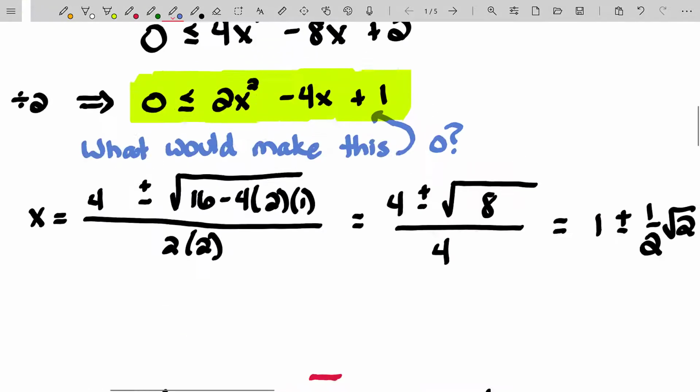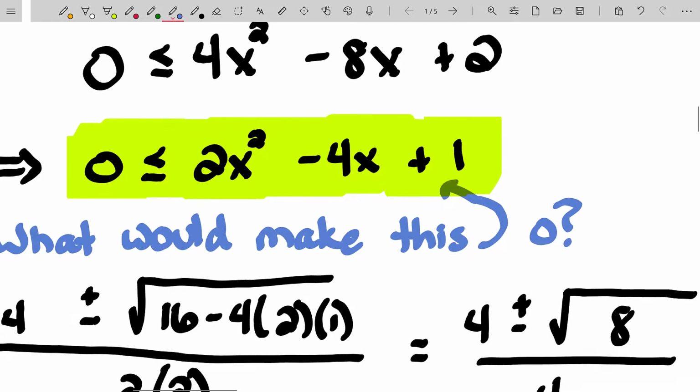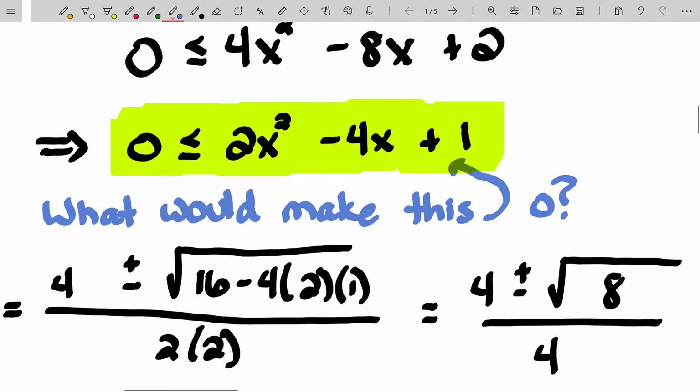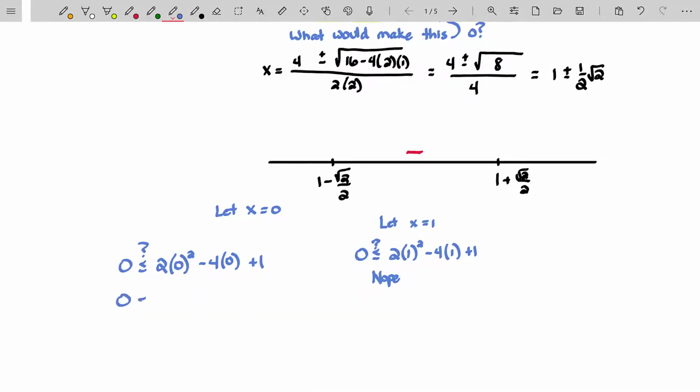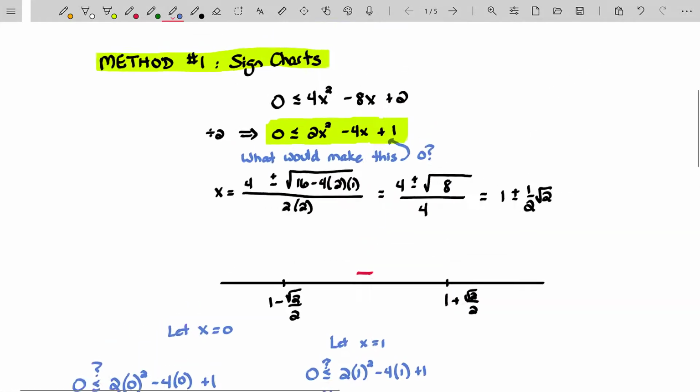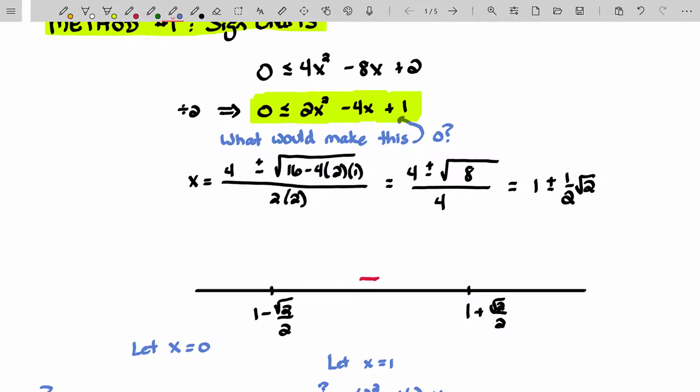If you go to your quadratic inequality, I'm going to ask, is 0 less than or equal to 2 times 0 squared minus 4 times 0 plus 1? Well, that's the same thing as asking, is 0 less than or equal to 1? And the answer to that is yes, it is resoundingly true. Therefore, our quadratic expression is definitely greater than or equal to 0 in that region.